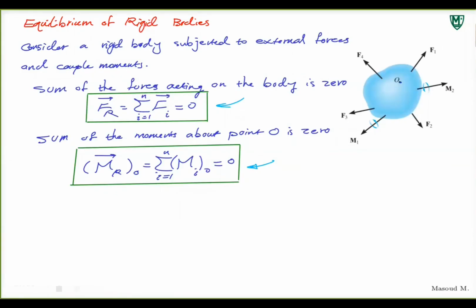Now, weight in a rigid body is applied at the center of gravity, and I'll tell you where that point is. Towards the end of the semester, we'll figure out how to calculate the center of gravity. For now, I'll give you where it is. So weight, these 4 forces, plus what is new when you draw the free body diagram for a rigid body to apply Newton's first law, these 2 equations, is that you now have to deal with support reactions.